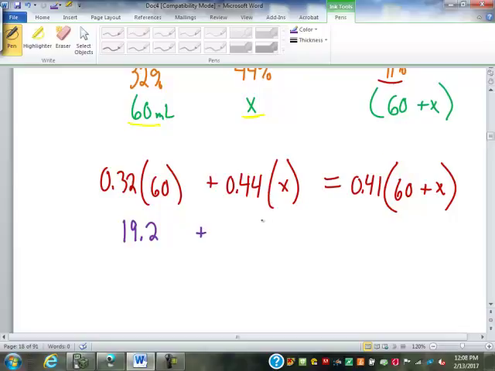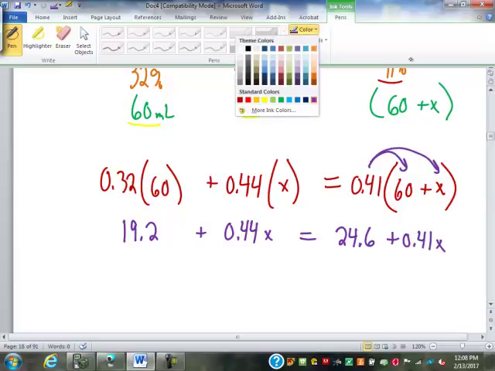Plus 0.44 times X is just 0.44X. Equals, here we're going to have to distribute 0.41 times 60. I believe it's 24.6. And 0.41 times X is 0.41X.